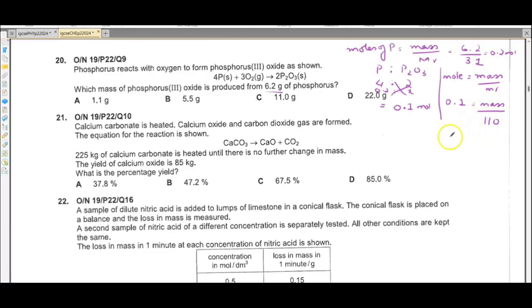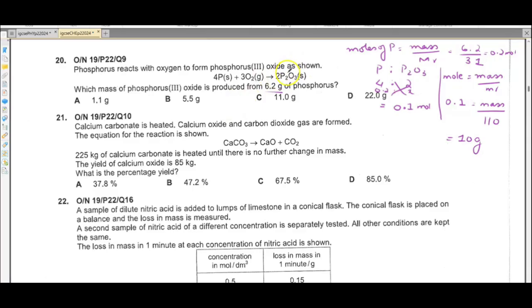So 110 multiplied by 0.1 is going to give us the mass of 10 grams. So 6.2 grams of phosphorus reacts with oxygen to produce 10 grams of phosphorus 3 oxide.